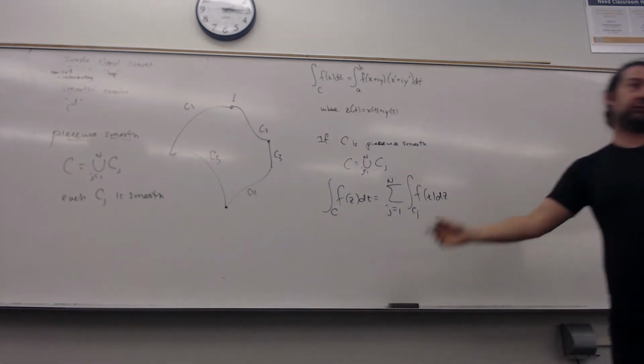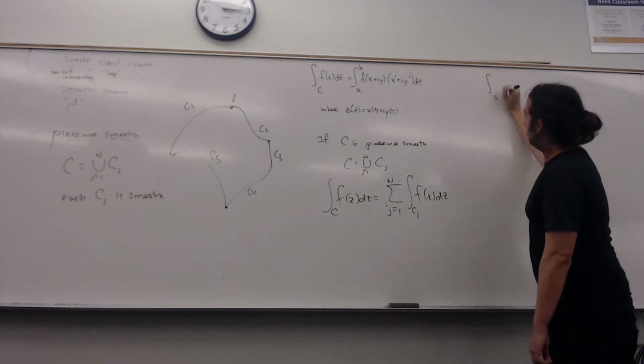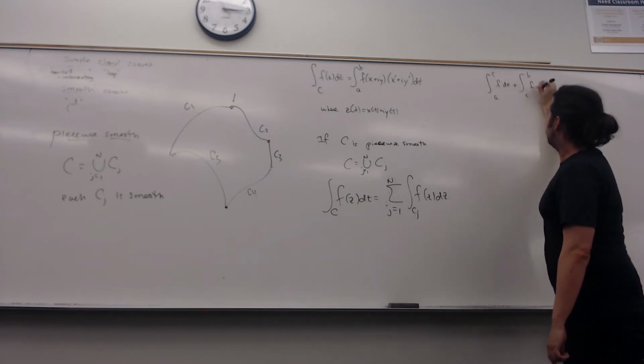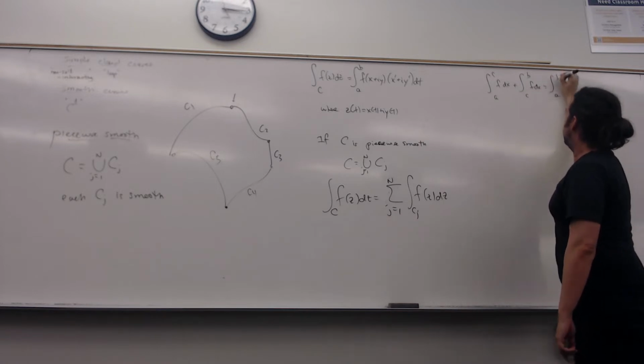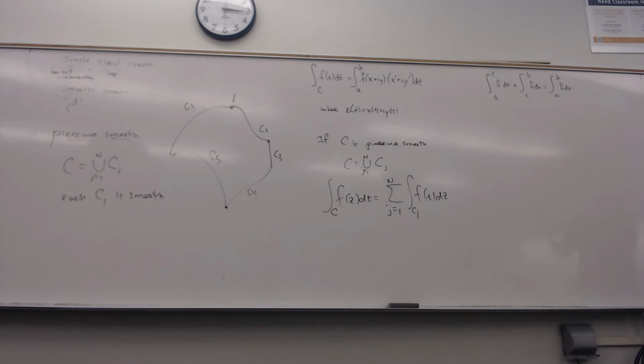So you just break the integral up. You already did this in calculus 2 when you learned integration. This is essentially the same as the rule that says if you have the integral from a to c of f dx plus the integral from c to b of f dx, this is really the integral from a to b of f dx. It's the same rule. If you're integrating over pieces, you just glue the pieces together.